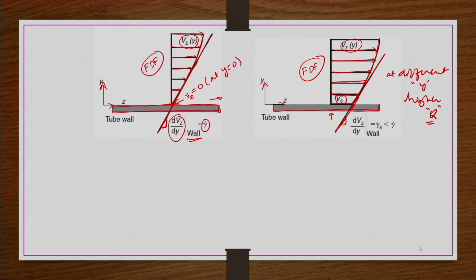So, that is dVz by dy at the wall. In the case of wall slippage, you will have gamma dot s, which is smaller than gamma dot, where gamma dot is for no slip condition, and gamma dot s is for the wall slip condition.